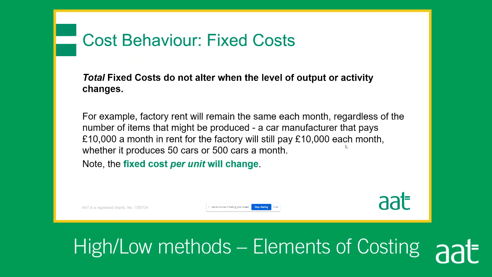A car manufacturer that pays £10,000 a month in rent for the factory will still pay £10,000 each month, regardless of whether it produces 50 cars a month or 500 cars a month. Not to be confused with fixed costs per unit, which will change. That will come up in a slightly different type of exam question. So today we're just looking at the fixed costs.